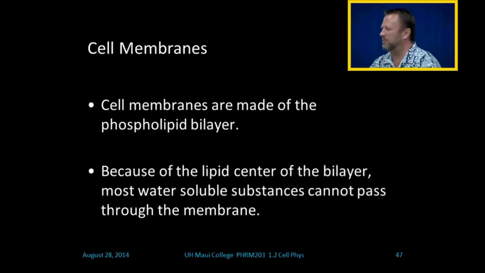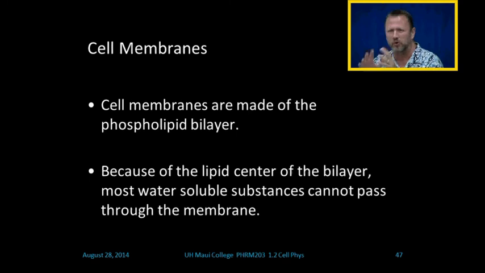So there's my cell membrane. Cell membranes are made of the phospholipid bilayer. I tend to repeat myself in here. And because of the lipid center of the bilayer, water-soluble substances will not pass through the membrane unless they are very tiny. Okay? And so special things have to happen to get water-soluble things across the membrane, like protein channels that allow water-soluble things to pass through, and protein machines that transport things across the membrane.